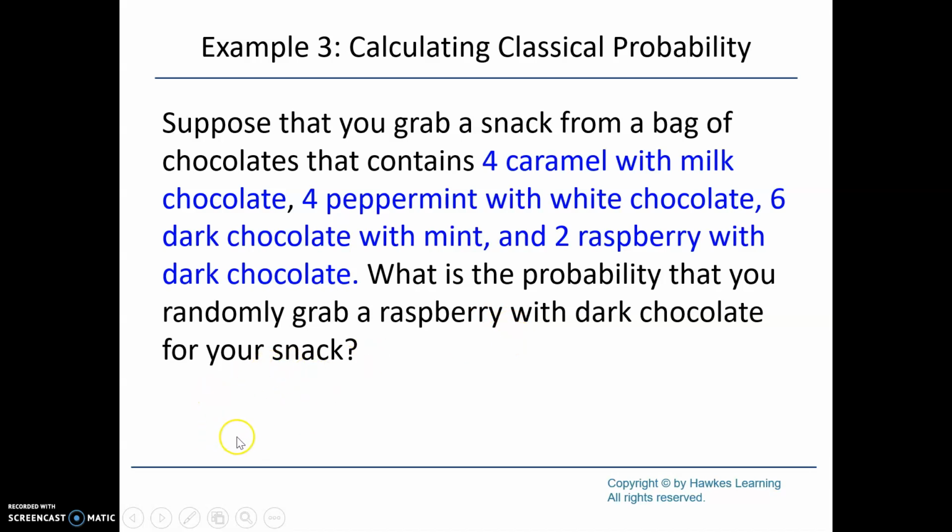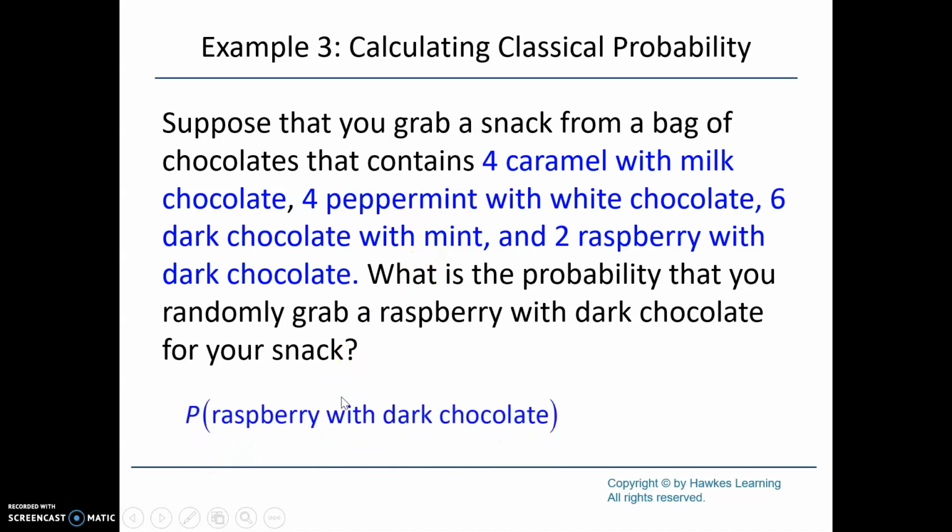Like I said in the first video, the first thing you want to know before you look for a probability is the total amount of sample space, your total outcomes. Well, you have 4 that are caramel with milk, 4 that are peppermint, 6 that are dark chocolate, and 2 with raspberries. So how could I find out the total amount of chocolates or snacks in this bag?